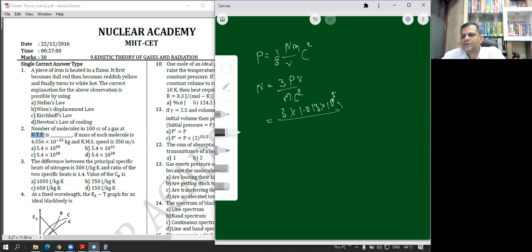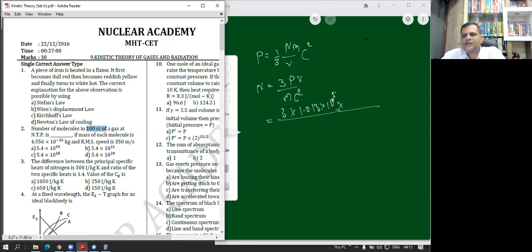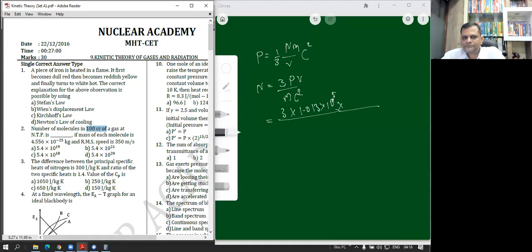Okay, this is 1 atmospheric pressure, and that is to be multiplied with the volume, 100 cc is given. But don't forget that cc has a conversion factor. cc is not a standard unit for the measurement of volume. It has to be converted into meter cube, and we know that 1 centimeter cube, that is cc, is 10 raised to minus 6 meter cube.